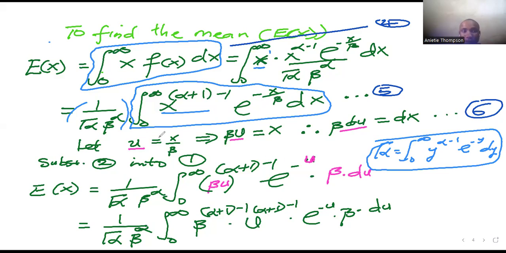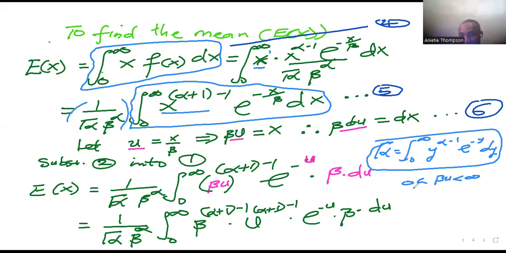First, I'm introducing another variable, u, equals x upon beta. Remember, x has a boundary from 0 to infinity. So if you want to check the validity of the limit, whether it's still the same: by making x subject of the formula, beta u, which is the same thing as x, must lie between 0 and infinity also.